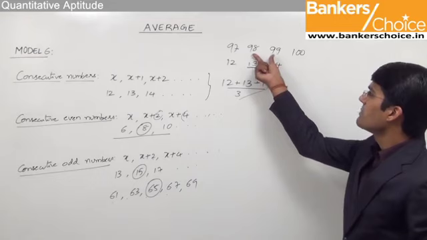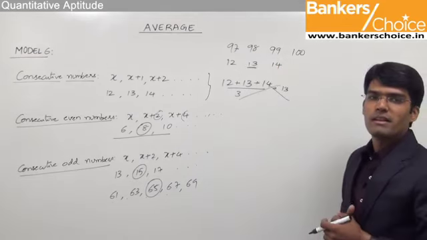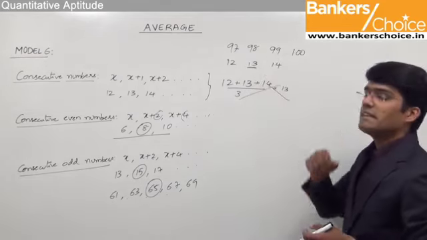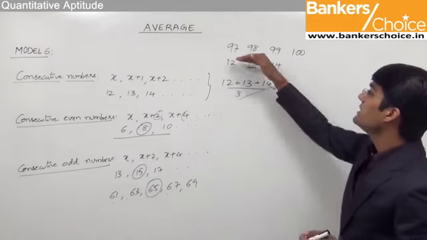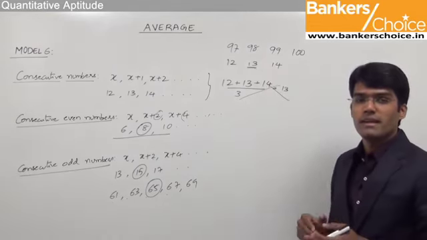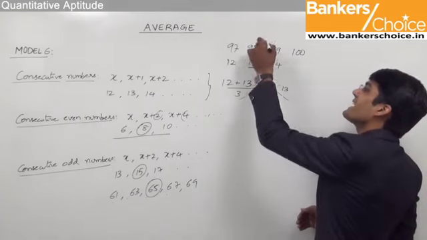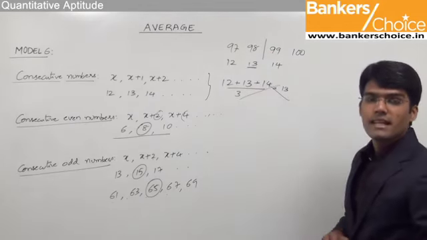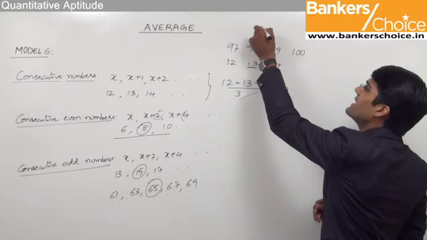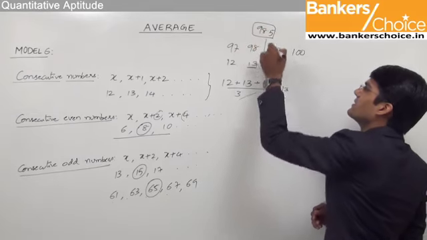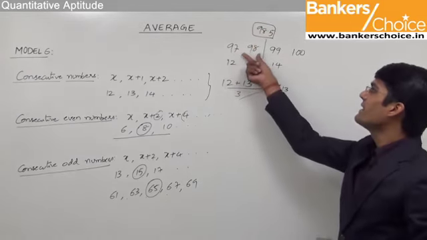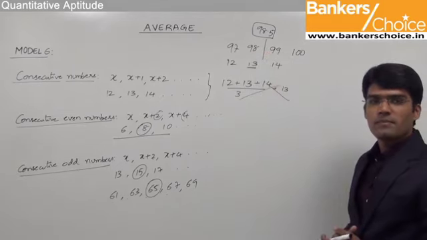Instead, we have 2 numbers which form the middle numbers, that is 98 and 99. So the average for these 4 consecutive numbers should be taken as the number which comes exactly in between 98 and 99. That is nothing but 98.5. So this is going to be the average for 97, 98, 99 and 100.